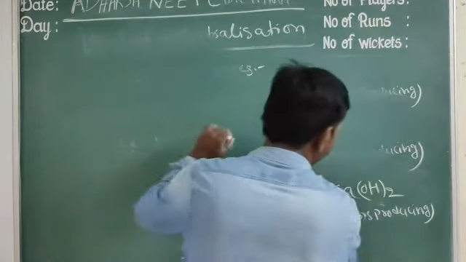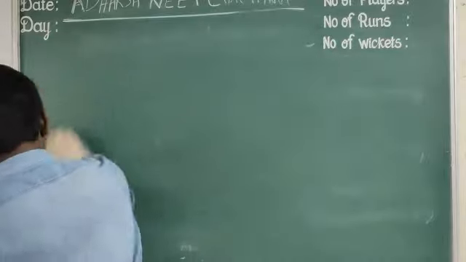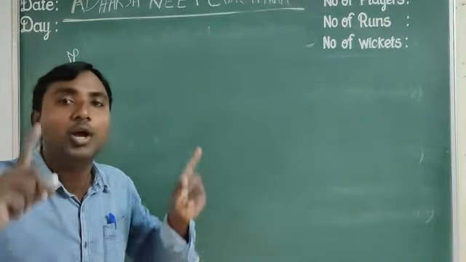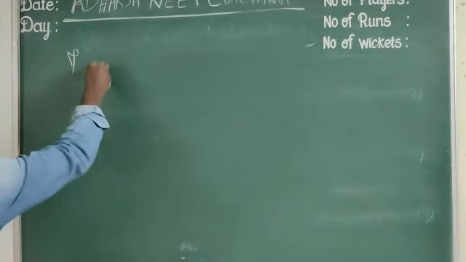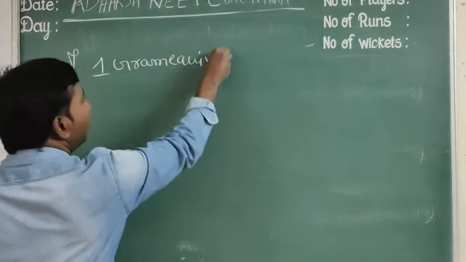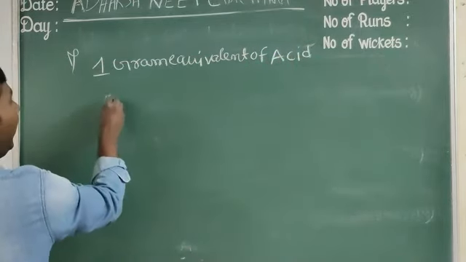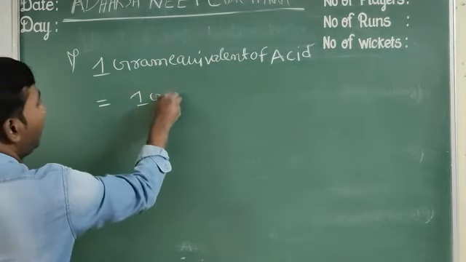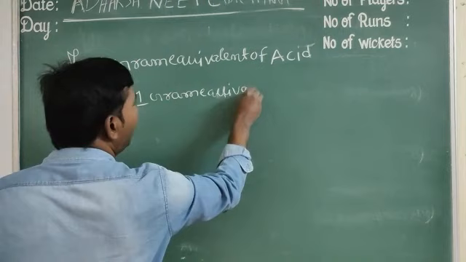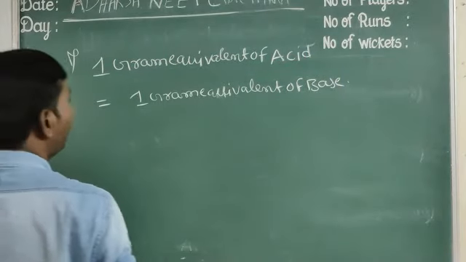Very important one. 1 gram equivalent of acid equals 1 gram equivalent of base.